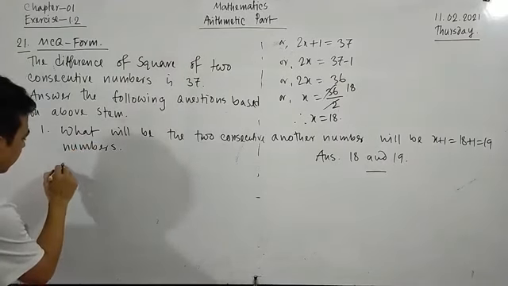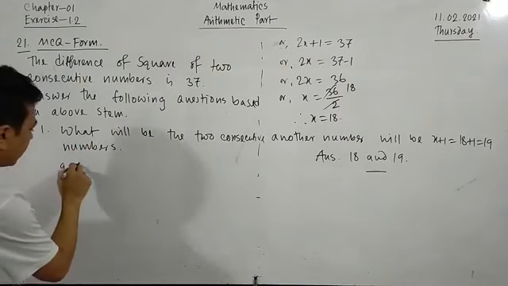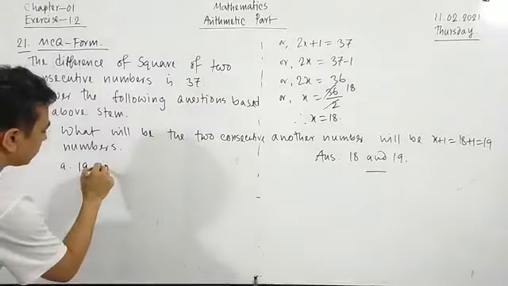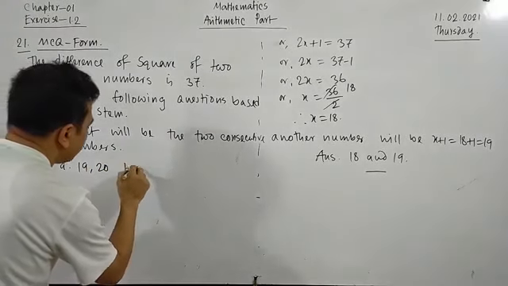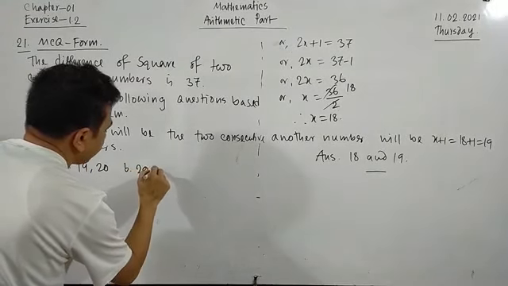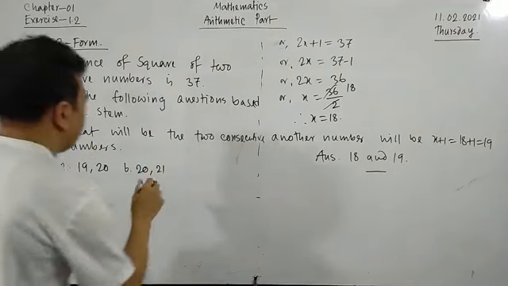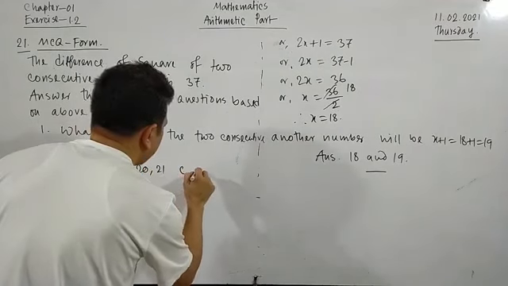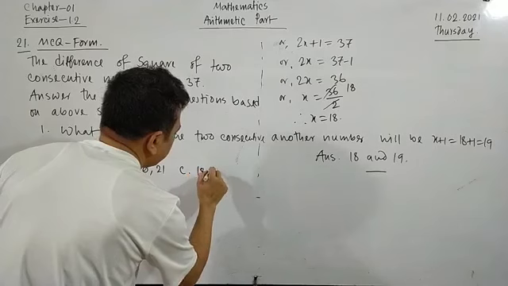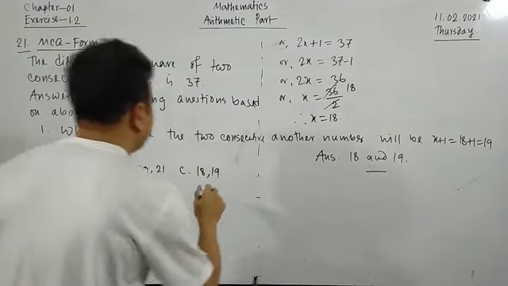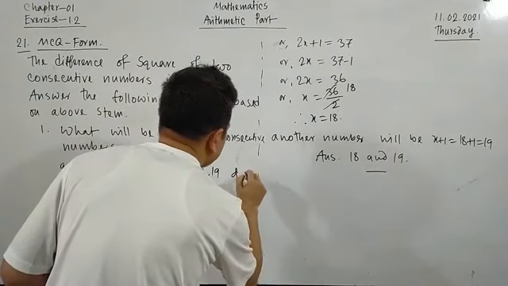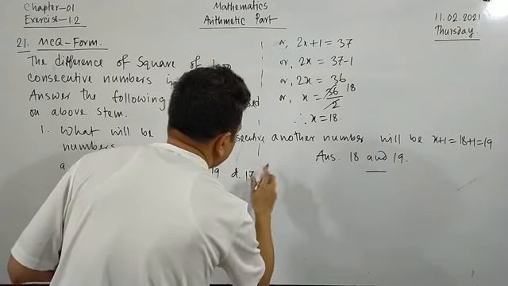Option A: 19, 20. Option B: 20, 21. Option C: 18, 19. And option D: 17, 18.